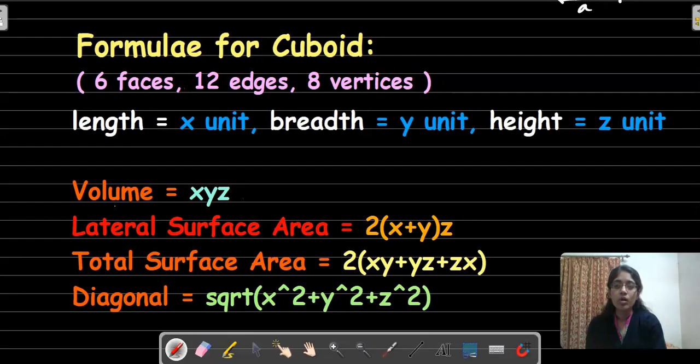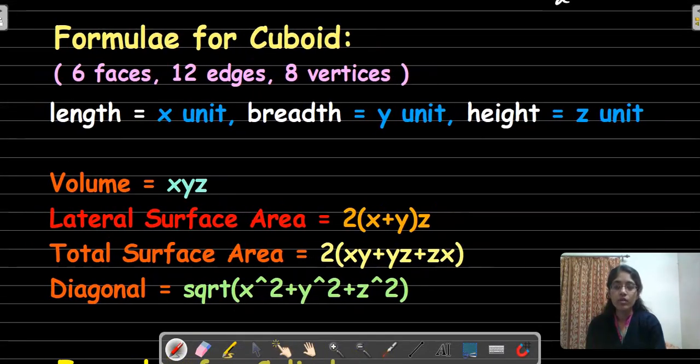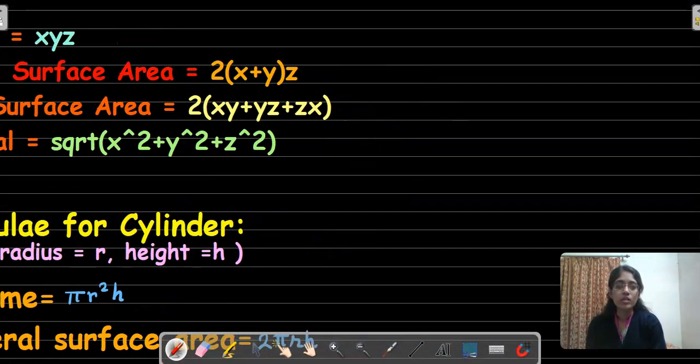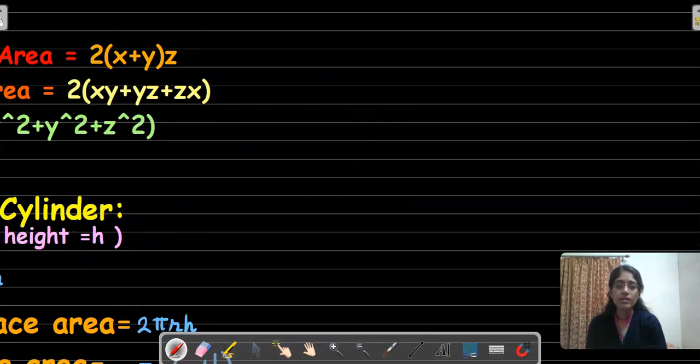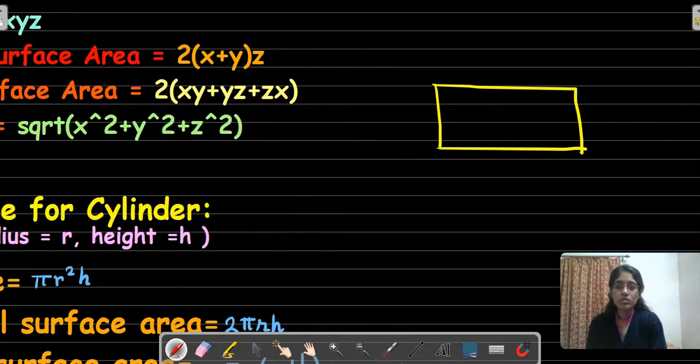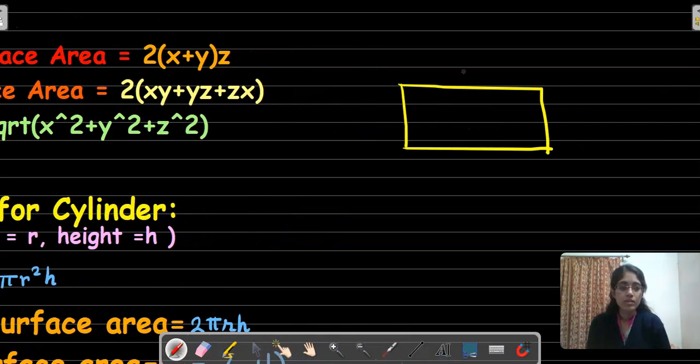Now let's see what is volume. So what is the formula for cuboid? Now in a cuboid, all the sides are rectangles. Let me draw a cuboid. This is a rectangle. Suppose this length is L. This is another.